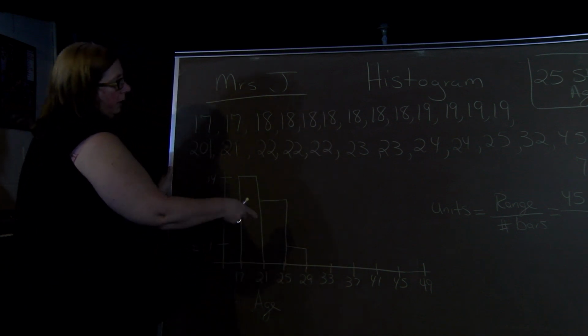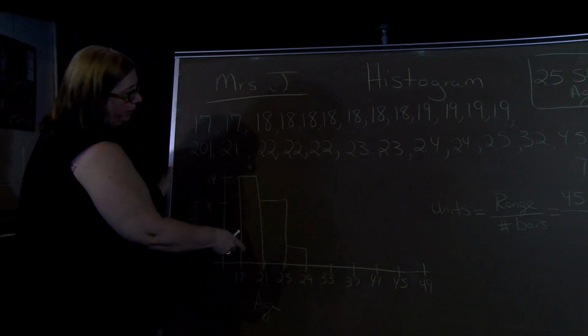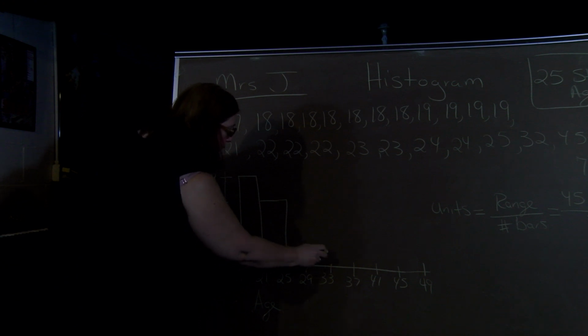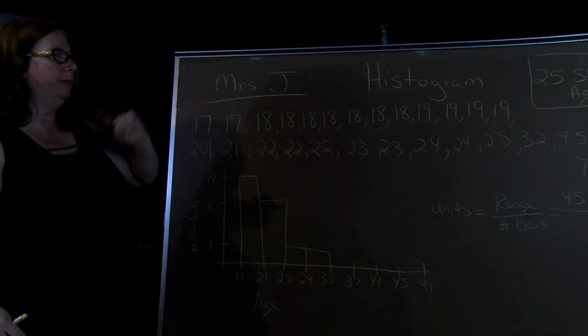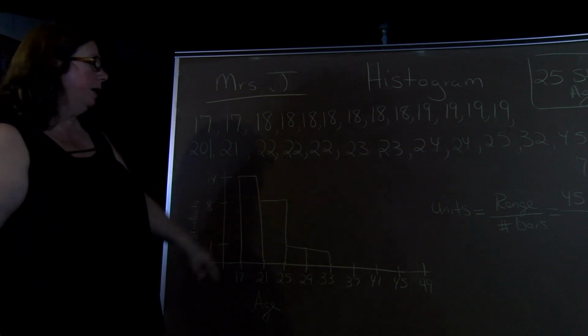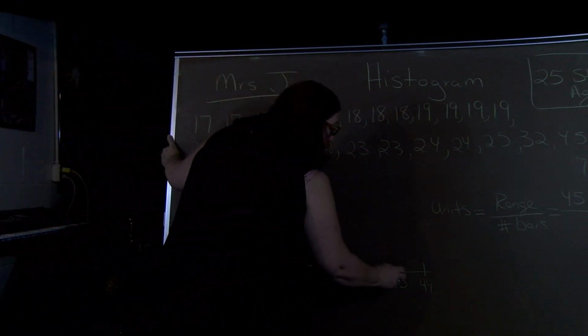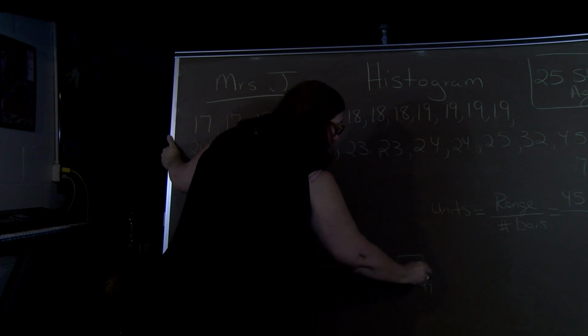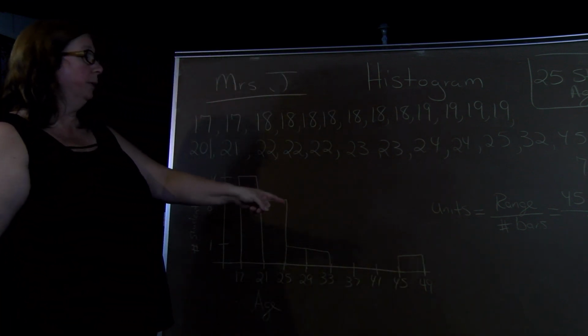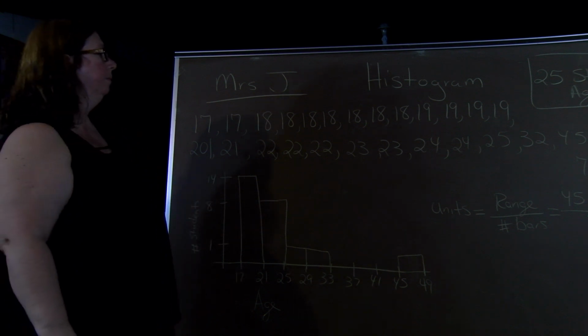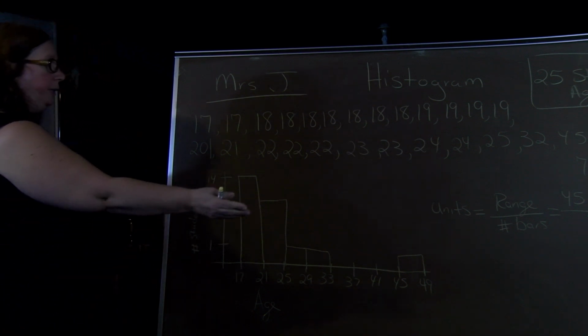And then 29 to 33, again there's a 1. And then there isn't any more except for that 45. The 45 would be in this bar. So 45 to 49, but not including 49. That would be your histogram.